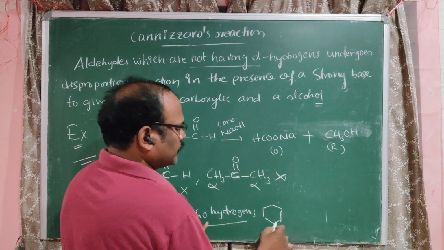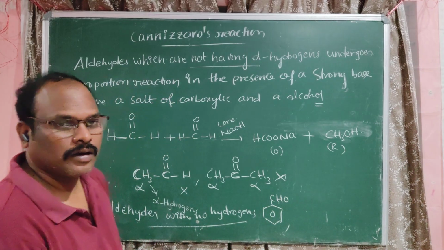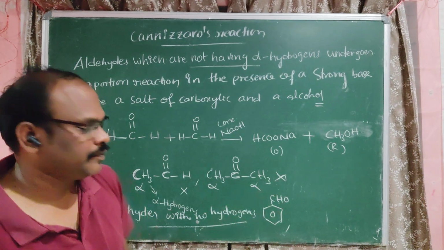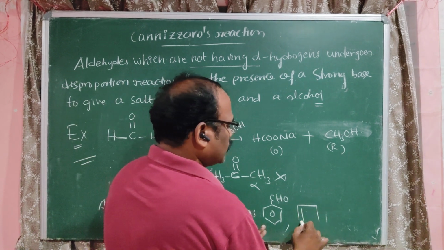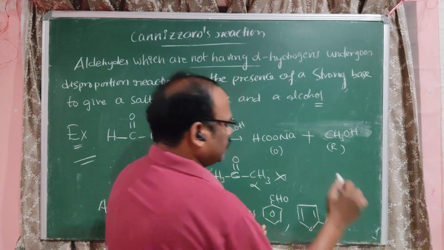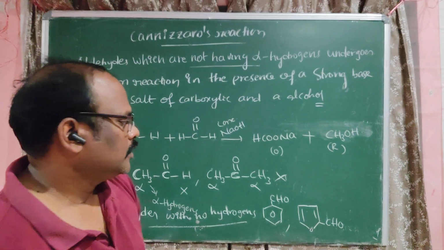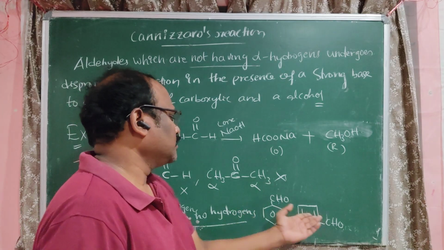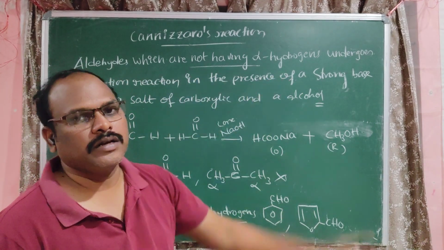Benzaldehyde is another example of an aldehyde with no alpha hydrogen atom. And one more example, a heterocyclic compound having an aldehyde group, is also having no alpha hydrogen atom. These compounds are involved in the Cannizzaro reaction.